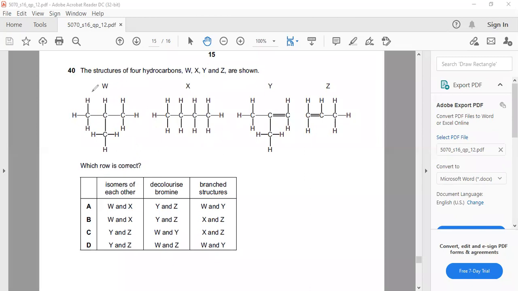Isomers of each other, W and X. Yes, they are isomers, 4 carbons, C4H10, different structures. So W and X, C and D are wrong. Decolourise bromine: Y and Z both will decolourise. And the branched structure: this is not branched, Z.